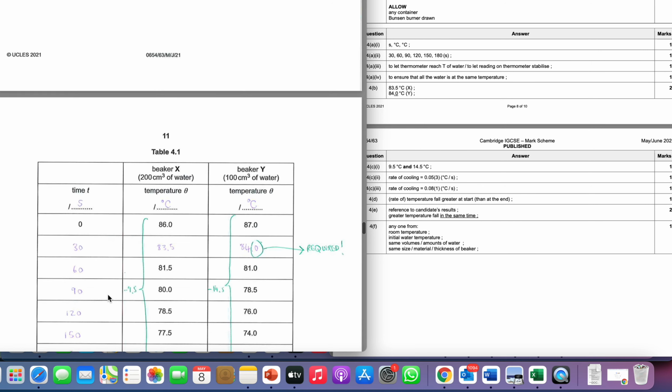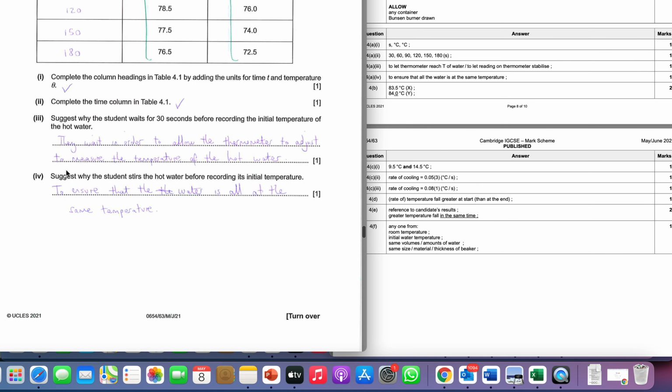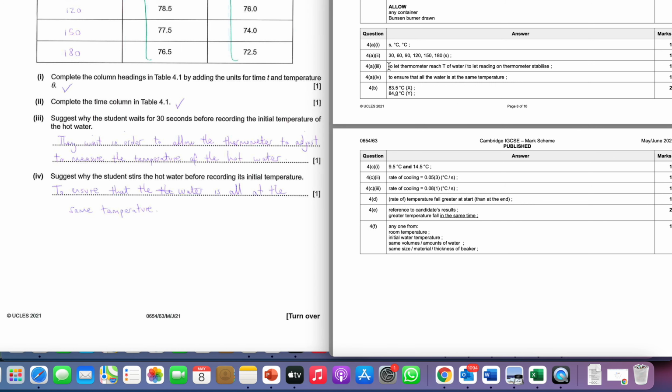So you need to wait some time to allow the thermometer to adjust to the temperature of the hot water. That's what they've written here: to let the reading on the thermometer stabilize. That's a nice way of putting it. It means reaching a constant value, consistent with the temperature of the water and not the temperature of the surroundings, for example.